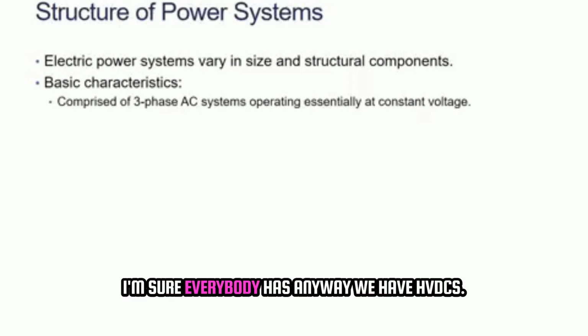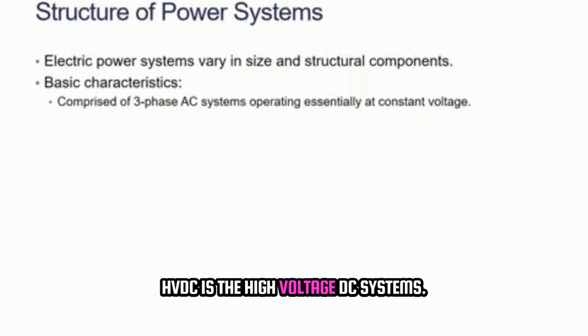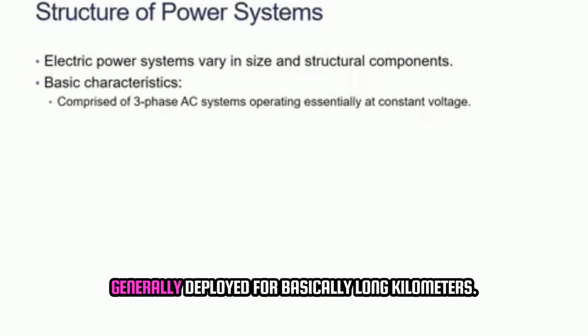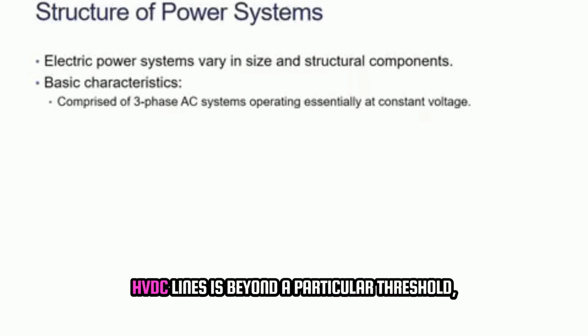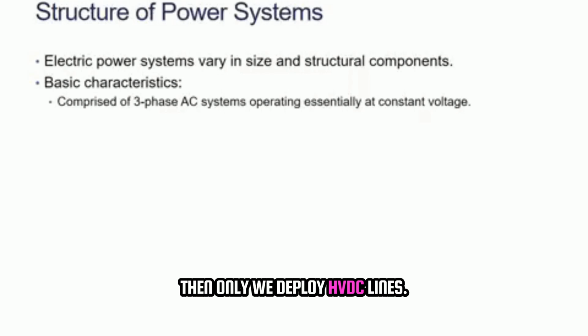We have HVDCs, high voltage DC systems, but because of the cost of the inverter and converter, HVDCs are generally deployed for long distances. If the length of those HVDC lines is beyond a particular threshold, only then do we deploy HVDC lines.